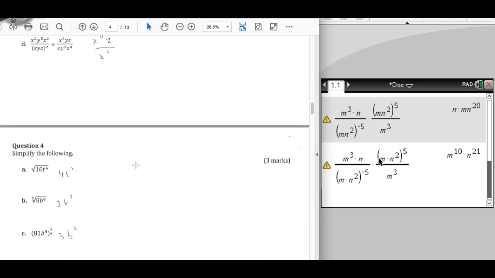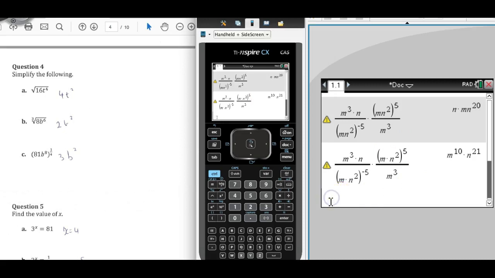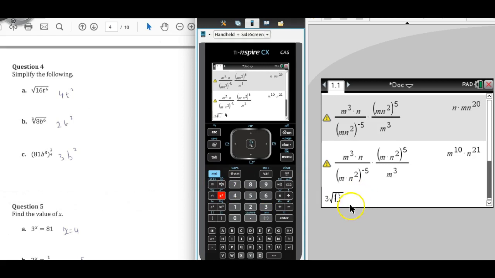Okay, let's move on to question 4. Question 4 is pretty straightforward, so I'm not going to spend too much time on this one. Let's just do B, because A, you know where the square root sign is. Now, I know in the first test, a lot of students wrote 3, then the square root sign. That's not the cubed root, that is saying 3 times the square root.